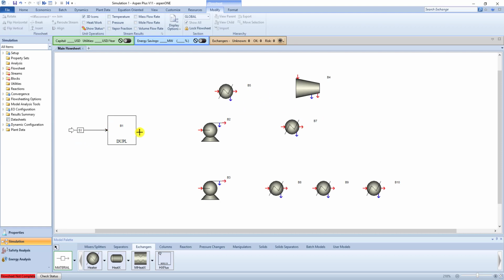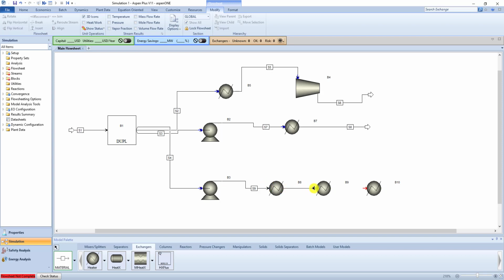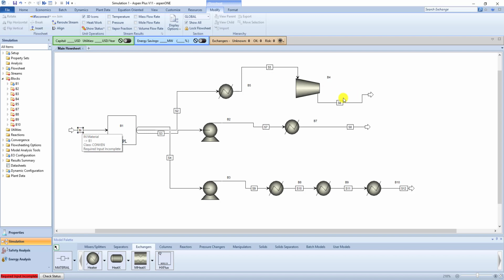So we have our incoming to each process. Now I'm going to rename some of the streams and some of the units so that we can better find them in our hierarchy at the left-hand side. So process 1 out.